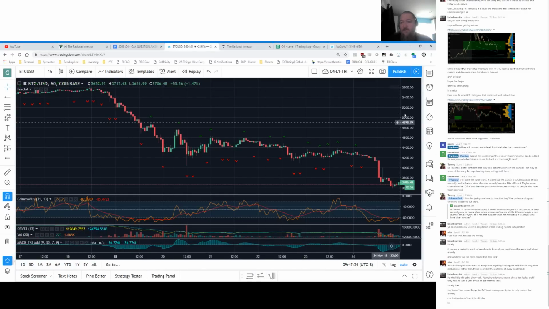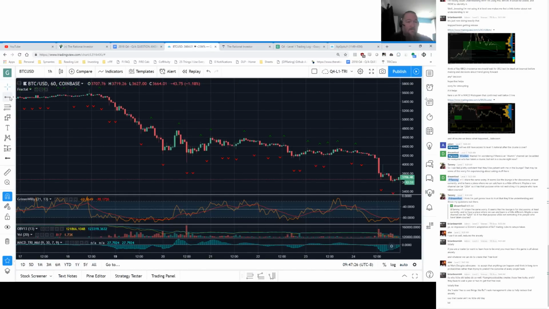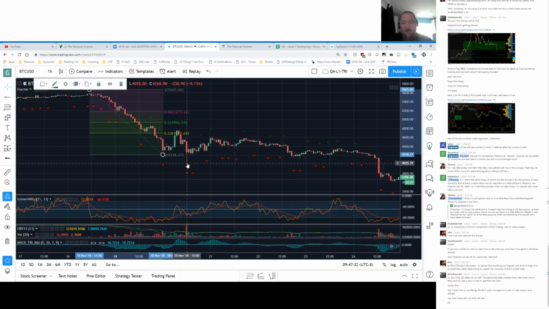Alright, so we're coming off of here, coming down. Once we made this newer low here, I kind of feel like that reset the water, right? Because what we're looking for is when are we going to break down. So I would have moved my original retracement down when we made the newer low here.